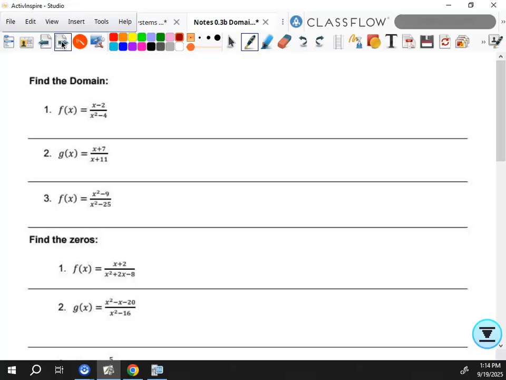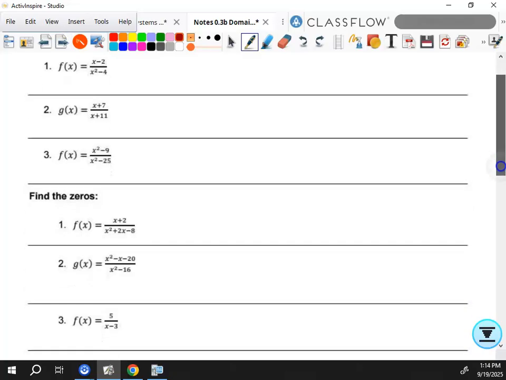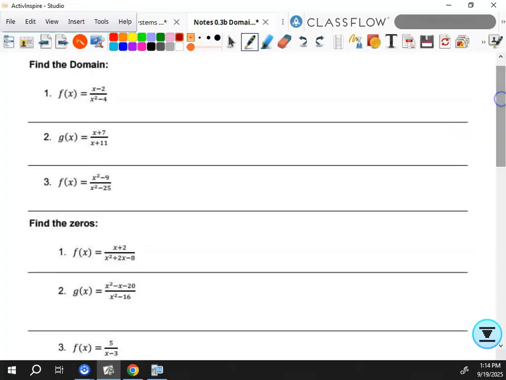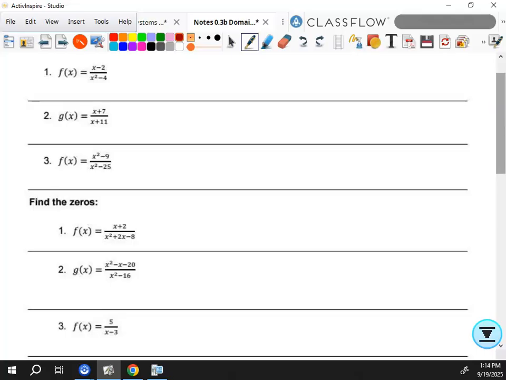Now we're going to find the domain. No matter what I'm doing, I still want to start by factoring. So I'm going to factor the denominator because the numerator is what it is. The denominator is going to be x plus 2 times x minus 2.